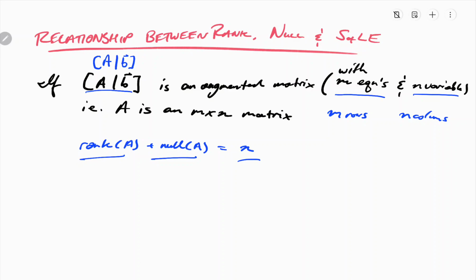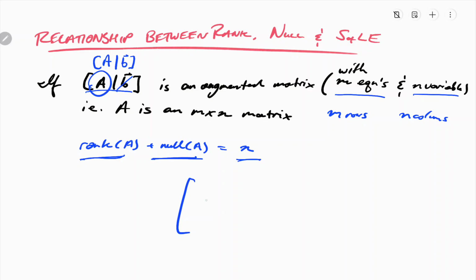So the rank of the left side matrix, without the B, plus the null is equal to the number of columns.